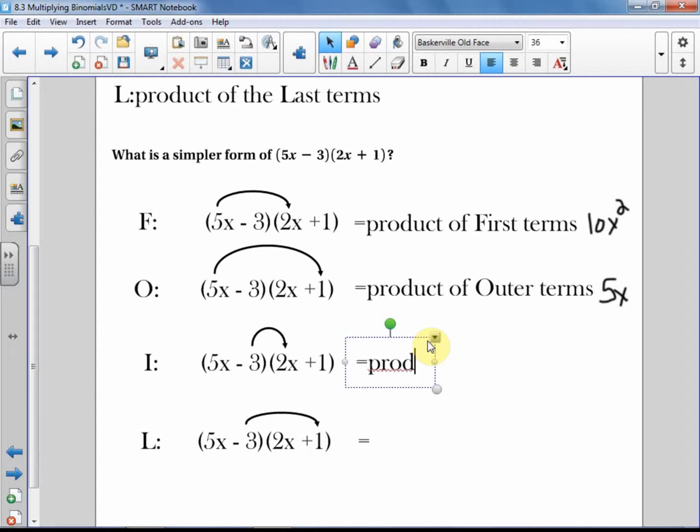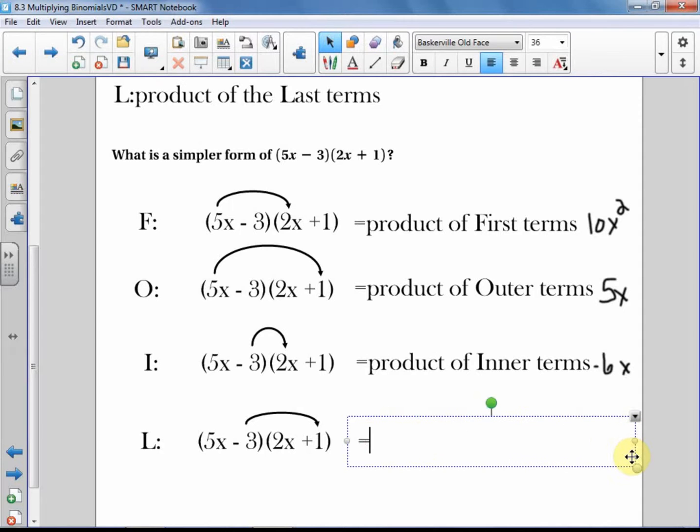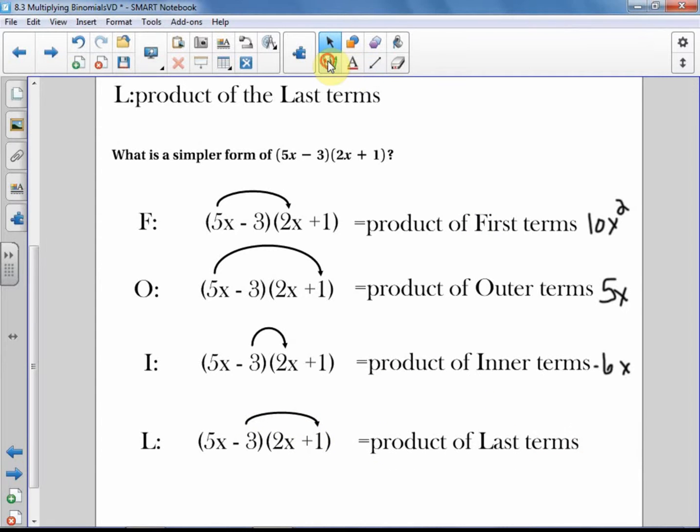So product of inner terms, negative 3 times 2x, that will be a negative 6x. And lastly, we're going to find the product of the last terms of each binomial, which is negative 3 times 1, which gives us negative 3.